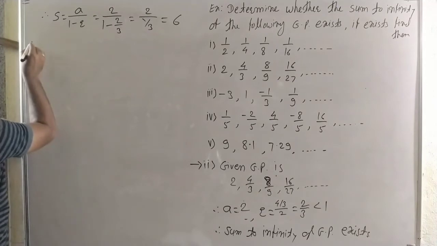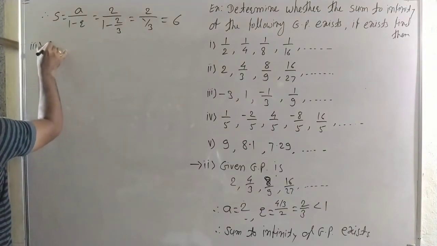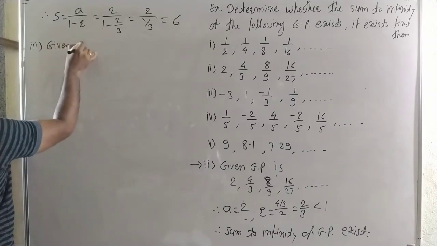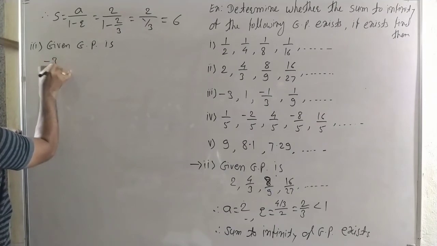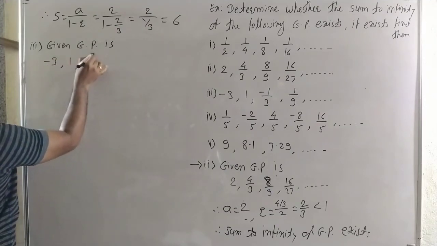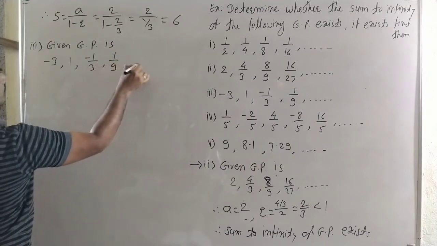Now take the third question. Here the given geometric progression is -3, 1, -1/3, 1/9, and so on.